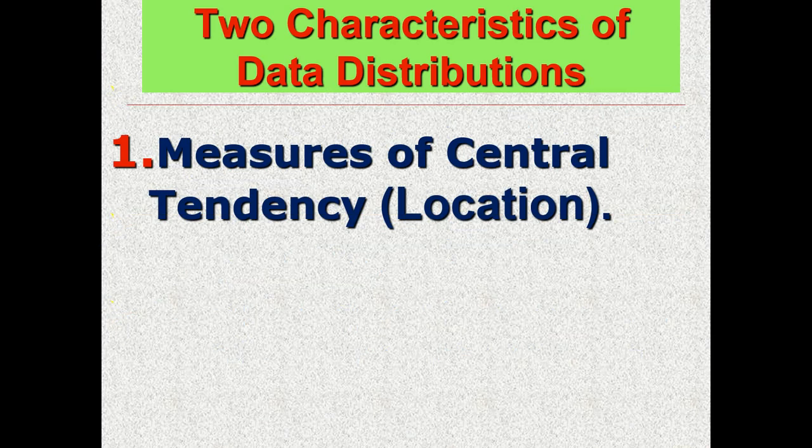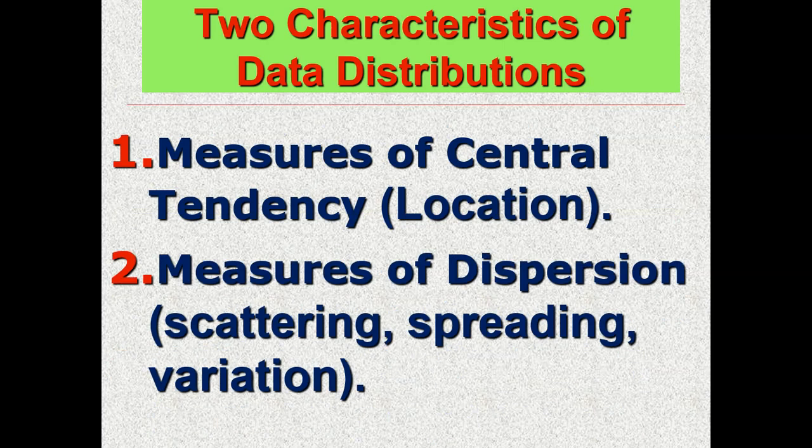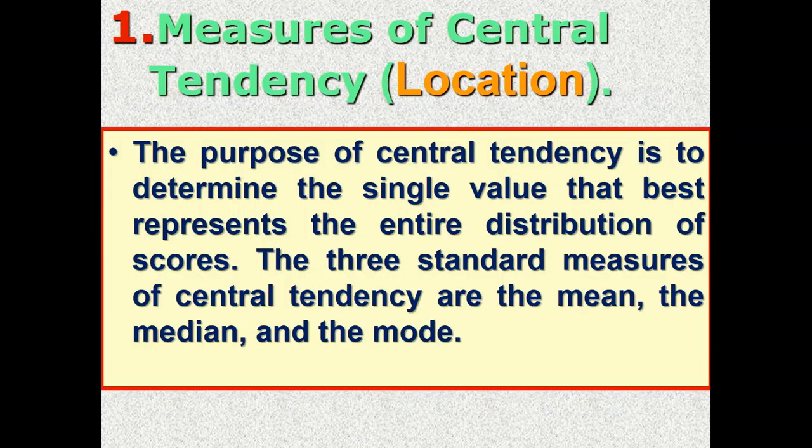Two characteristics of data distribution. The first one is measure of central tendency or location, and the second is measures of dispersion or scattering or spreading or variation. Now, the measures of central tendency or location.